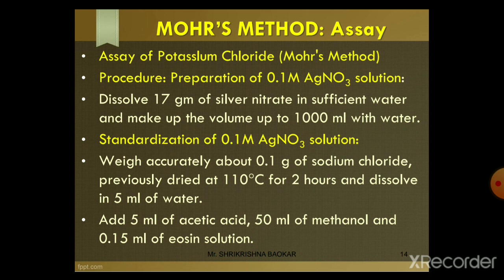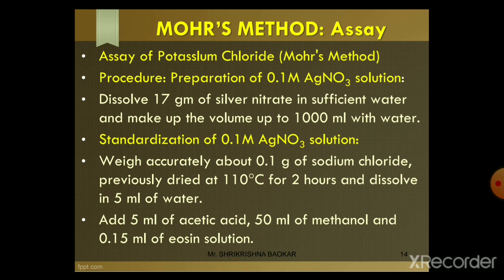Weigh accurately about 0.1 gram of sodium chloride, NaCl, previously dried at 110 degrees Celsius for 2 hours, and dissolve in 5 ml of water. Add 5 ml of acetic acid, 50 ml of methanol, and 0.15 ml of eosin solution.